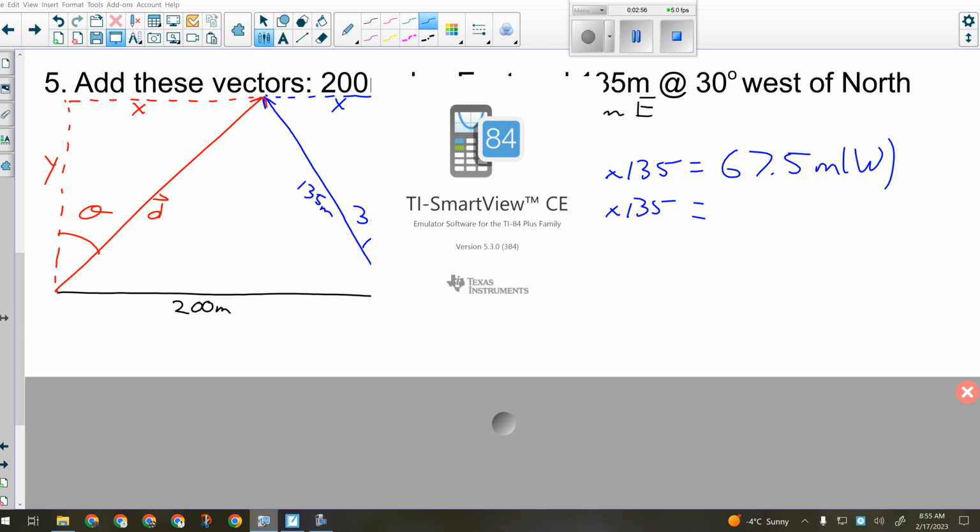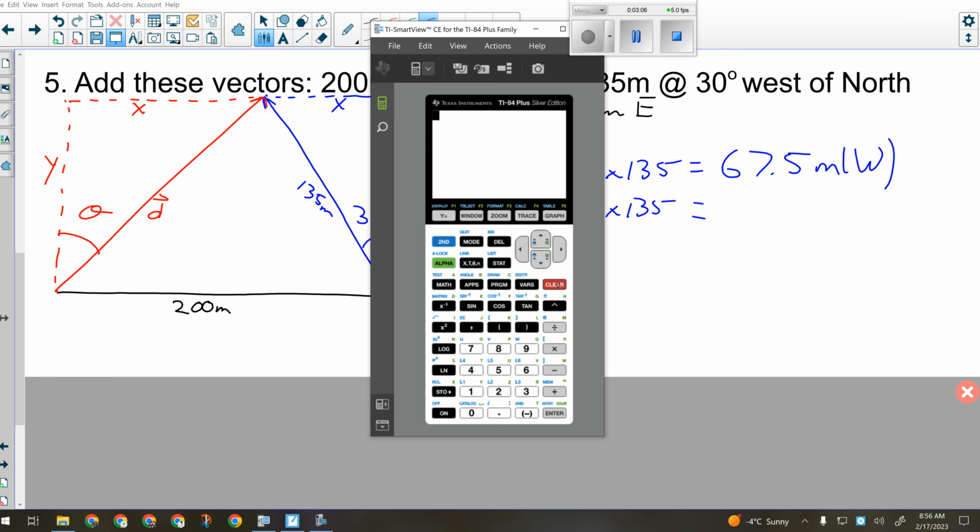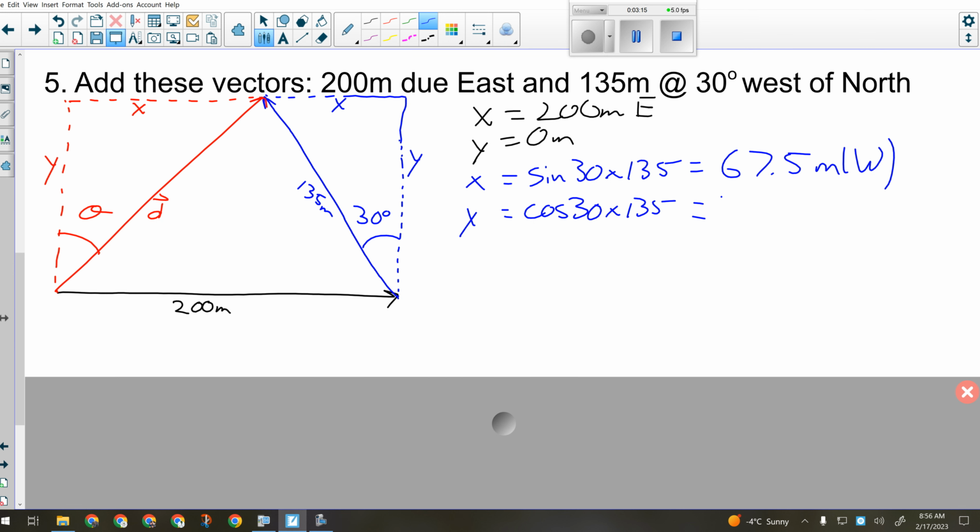Calculator's not starting. So cos of 30 times 135 is going to give me 116.91 meters north.